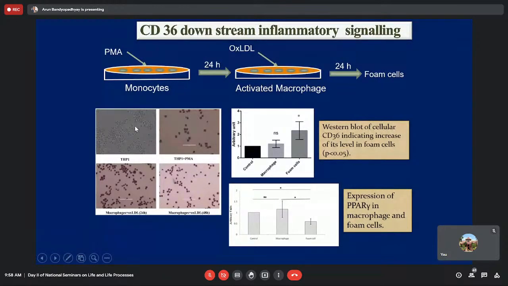THP-1 is the human monocyte cell line; monocytes are transformed into macrophages, and macrophages are transformed into foam cells by oxidized LDL. Then we found that CD36 is upregulated and expression of PPAR gamma is downregulated in this system, as found in the human blood samples.